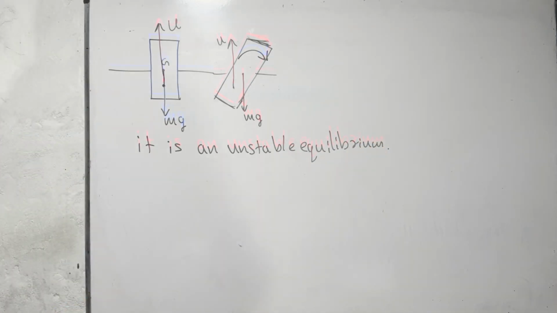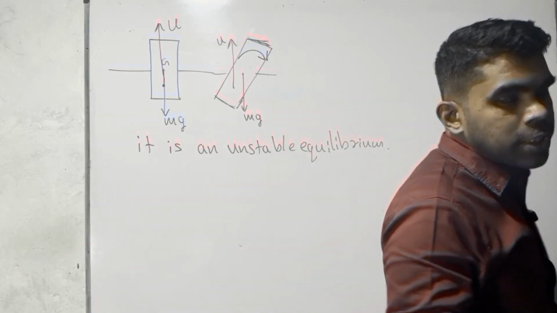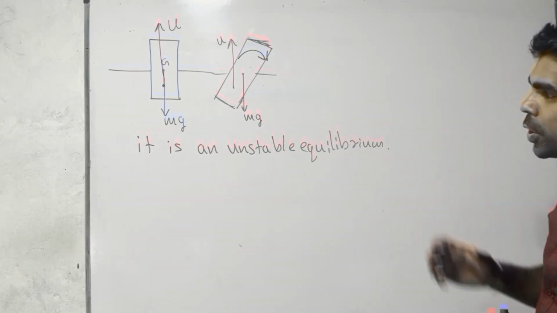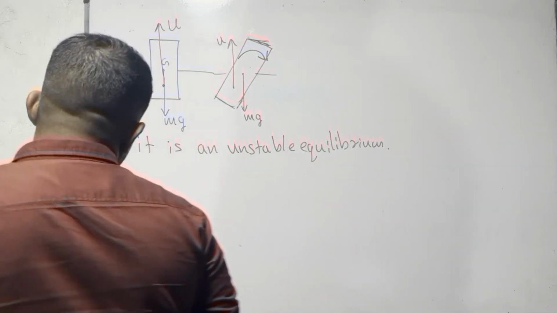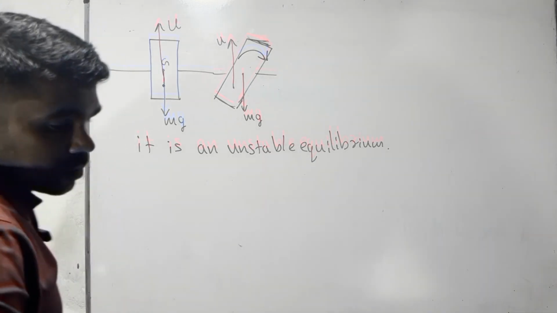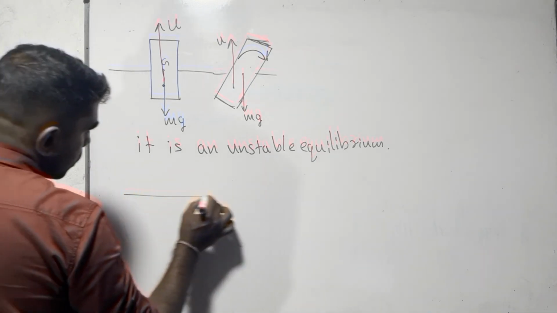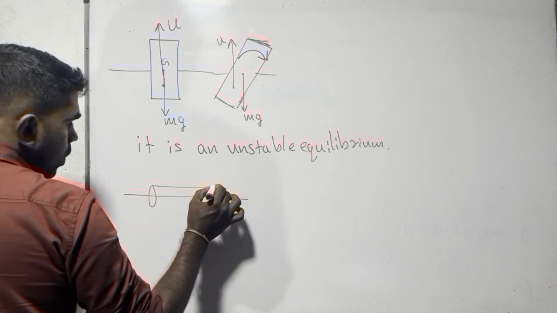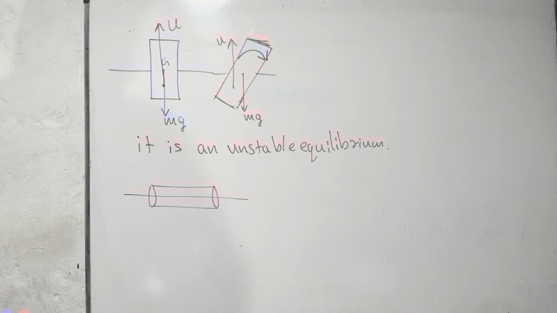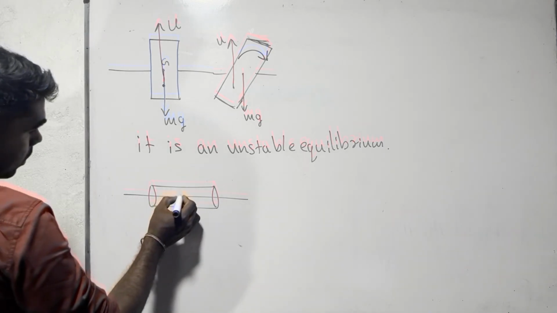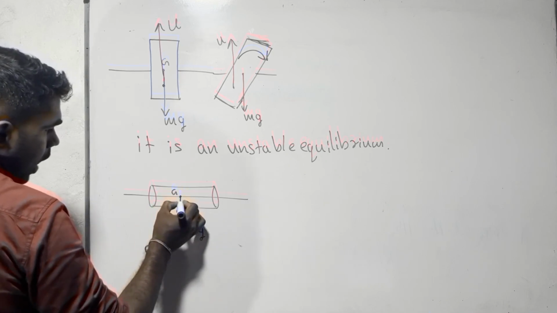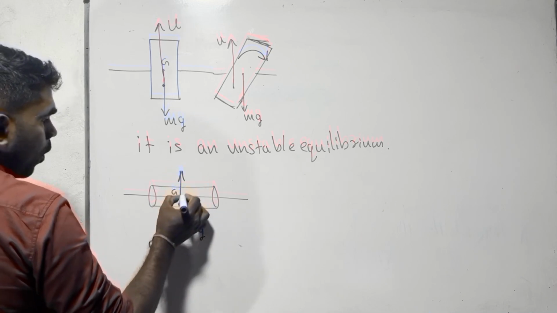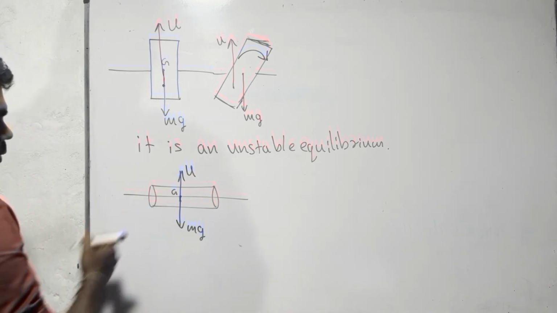We know that there are three types of equilibrium: stable equilibrium, unstable equilibrium, and neutral equilibrium. This object is at an unstable equilibrium. Therefore, it is difficult to float it vertically. But when considering this one, the object is horizontal. The gap between the center of gravity and center of buoyancy is a small value.